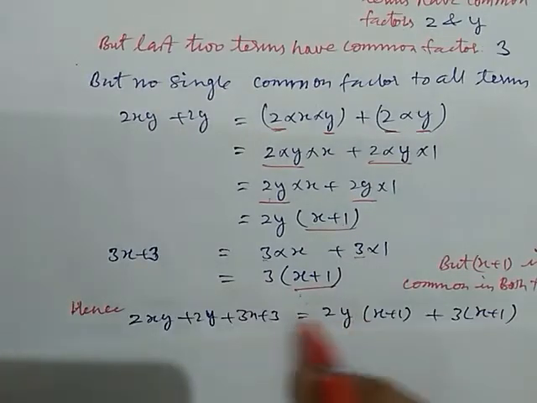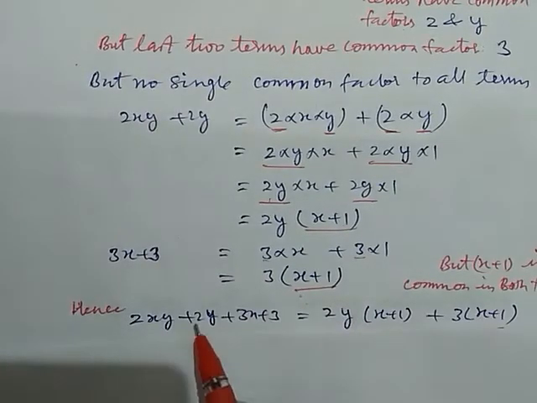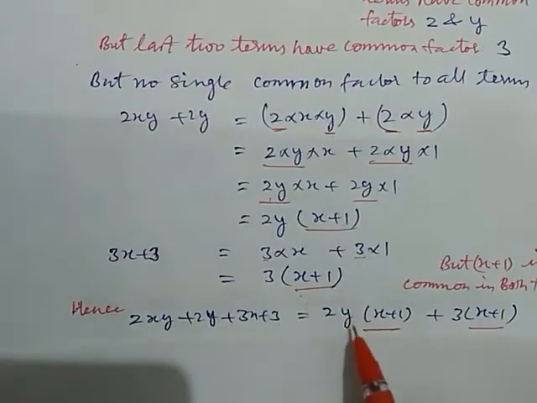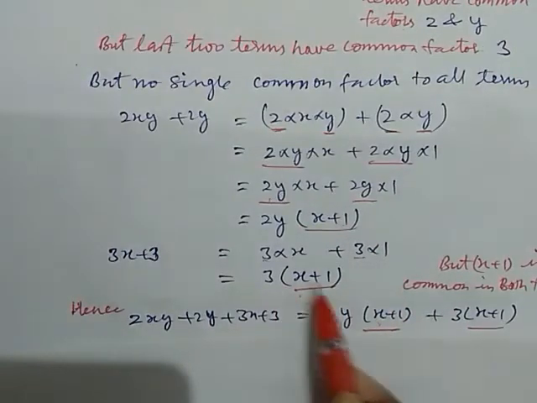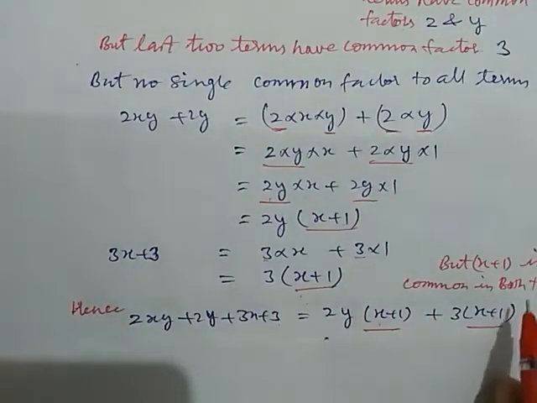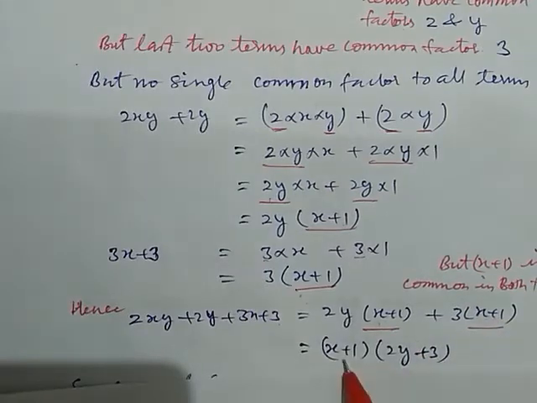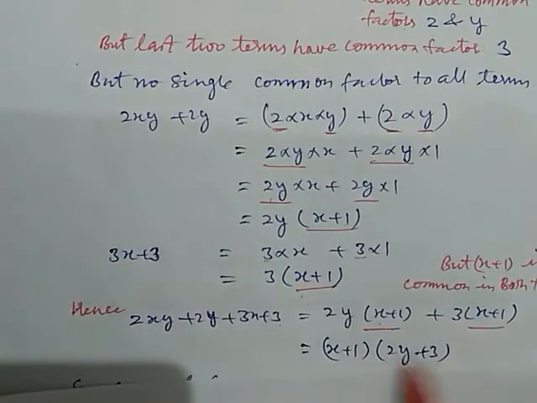Hence 2xy plus 2y plus 3x plus 3 can be written as 2y into x plus 1 and 3 into x plus 1. So we take x plus 1 as common. What is left? 2y here and 3 here. So we get x plus 1 into 2y plus 3 as the factorization.